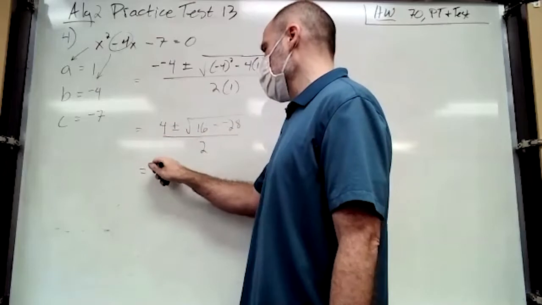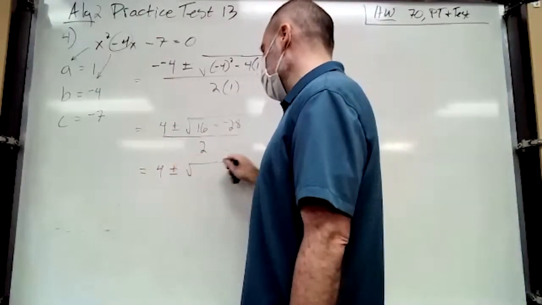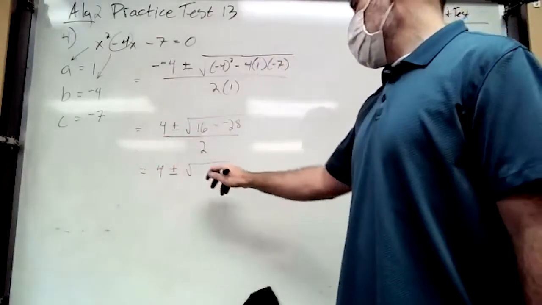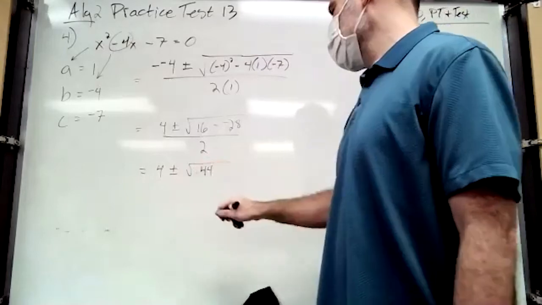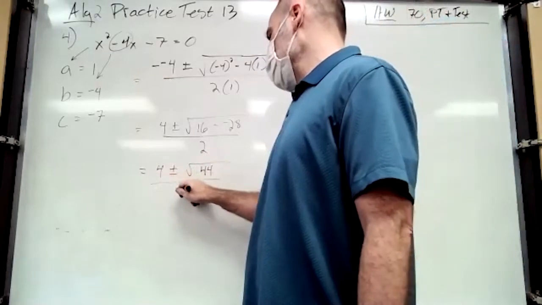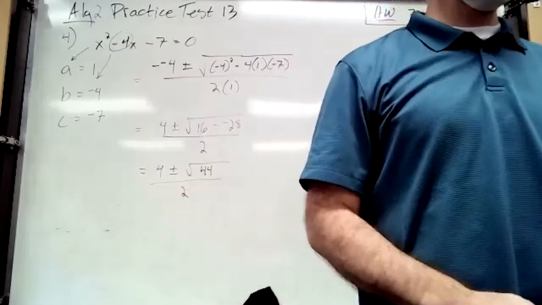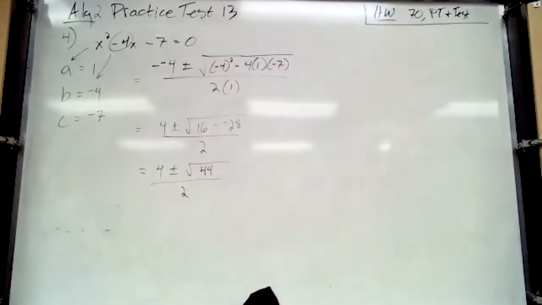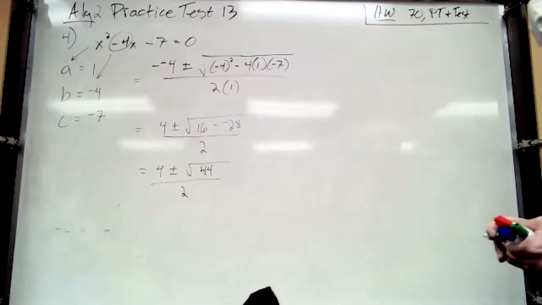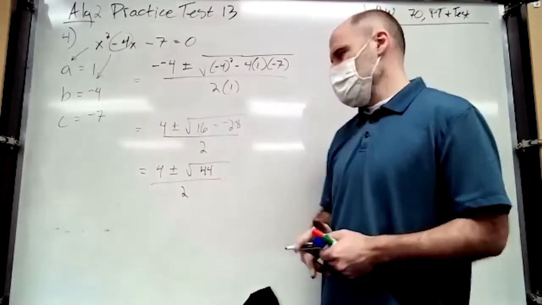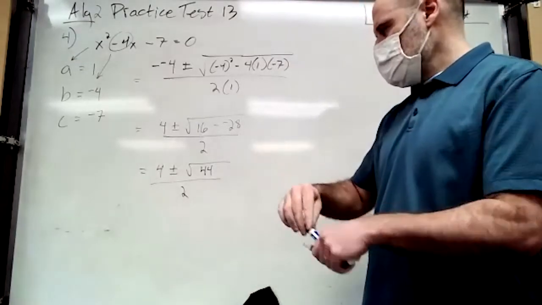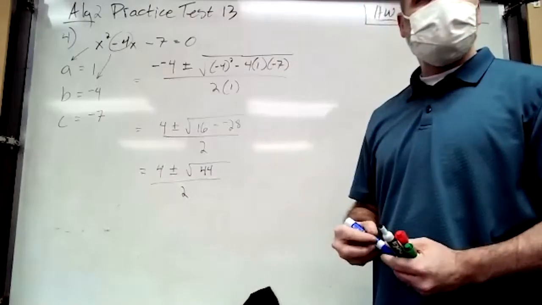2. So 4 plus or minus the square root of 44 all over 2. So far, so good. If you get that far, you're awesome. But you're not done yet. It doesn't really say simplify in simplified radical form, but how do you write square root of 44?